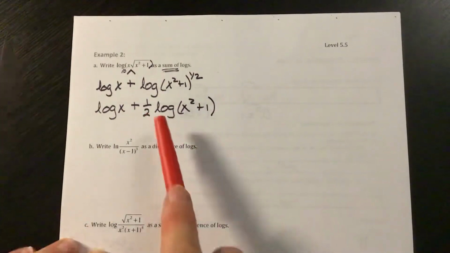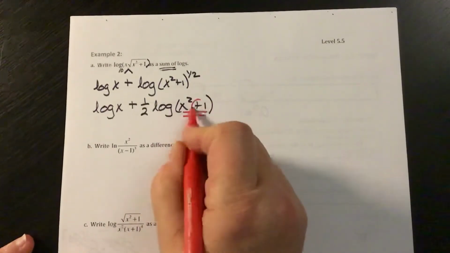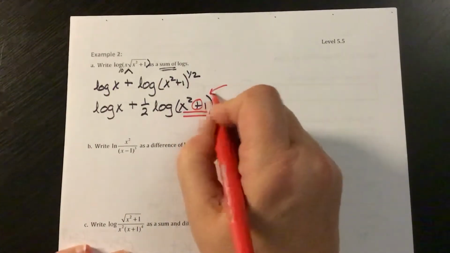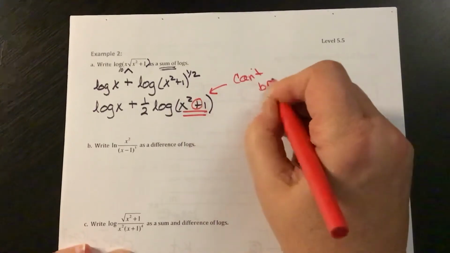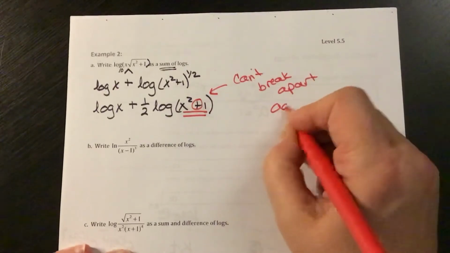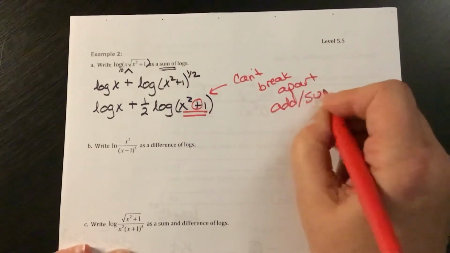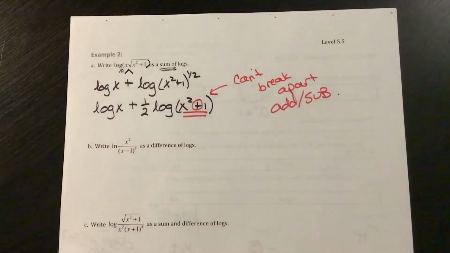Now, when I have the log and there's a sum inside, notice how I am adding these together, you can't break apart. If it's addition or subtraction, you cannot break those apart and have two more logarithms. So we've got to keep them as a group there. We can only break apart if we're multiplying or dividing.